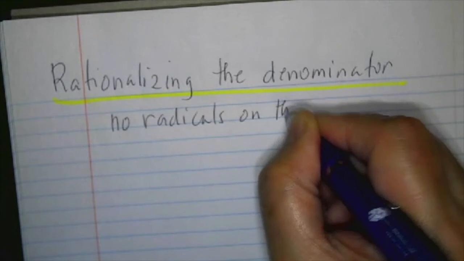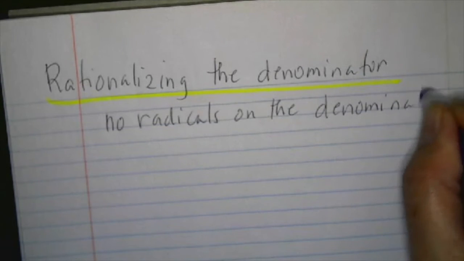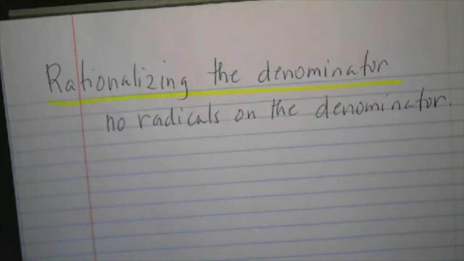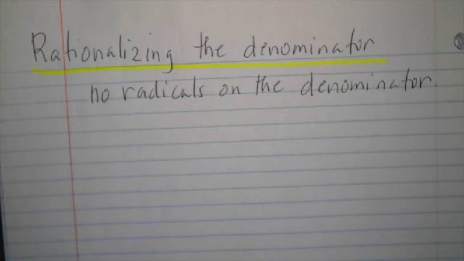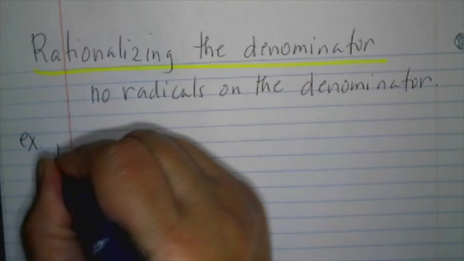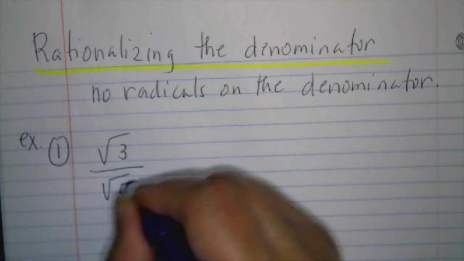Means to say, no radicals on the denominator. No radicals on the denominator. So please be aware of how you're going to work on this one. Because if some of you have already looked at the videos on special right triangles, this is essential. So you can go back and forth.